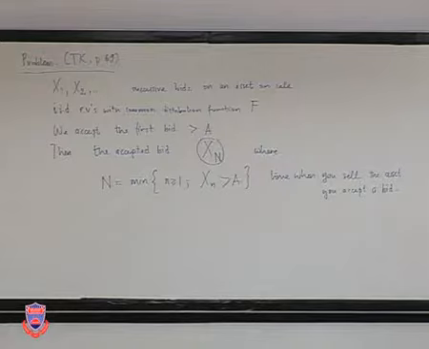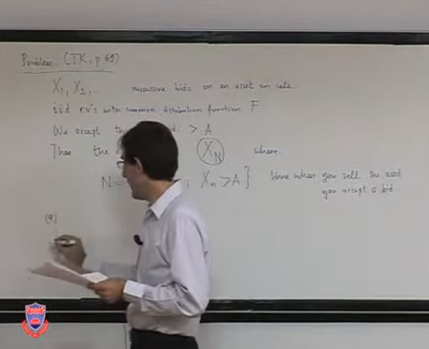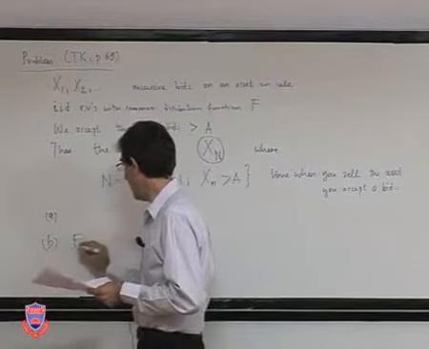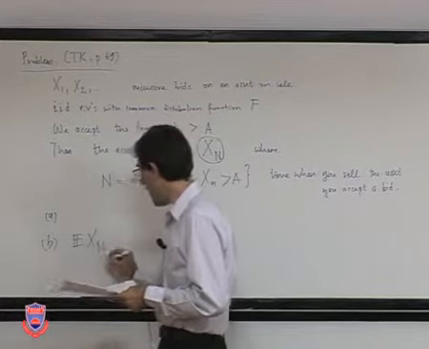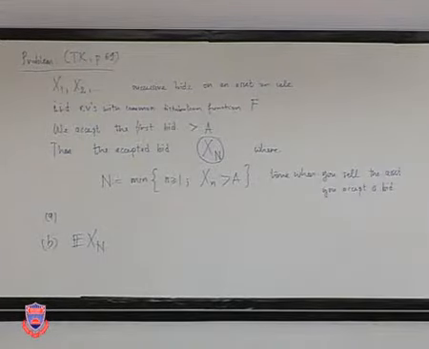You are going to wait until you hear a bid which is at least as large as A, and then at the beginning you would like to know what the actual payment is going to be on average. But there are a couple of questions. This was part B. What is on average your payment going to be in this case?